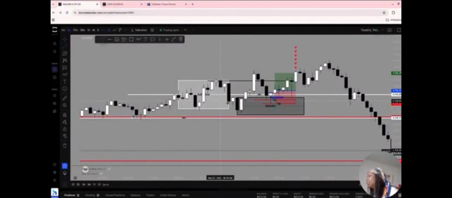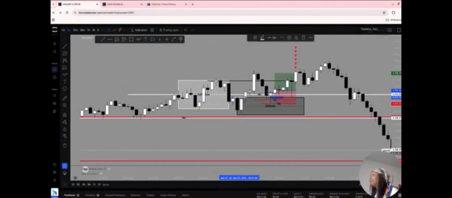So the line is gone, but usually what I do is when I'm watching in real time, because remember my 5-minute, everything is black. So this was the line that I was looking at on my 5-minute, because it's hard to see because my demand zone is right there. But this is my swing high that I'm waiting for price to break on my 5-minute.